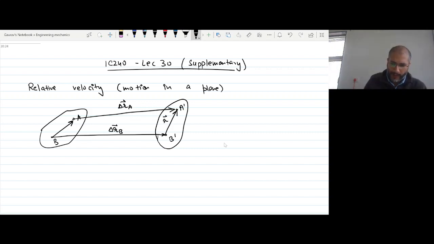And what we can see is that the vector R, let's call it R A prime with respect to B prime. Okay, so R A prime with respect to B prime is, if we look at these vectors, so let's copy delta R B with a different color this time.